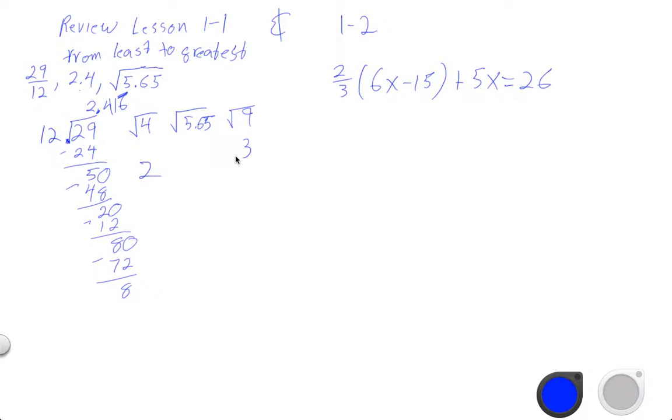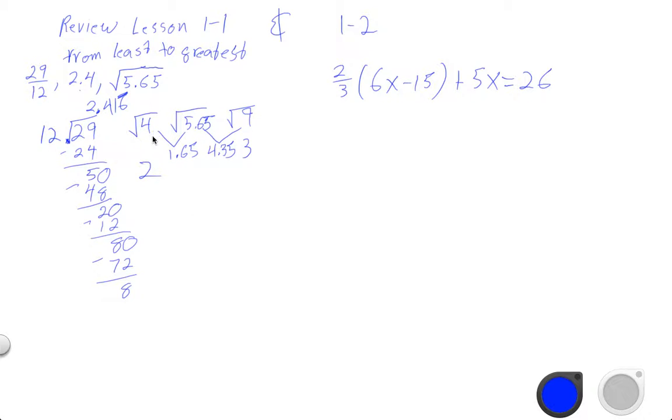And if we look at that, it's 1.65 away from 4. And it is 4.35 away from 9. Much closer to the 4.